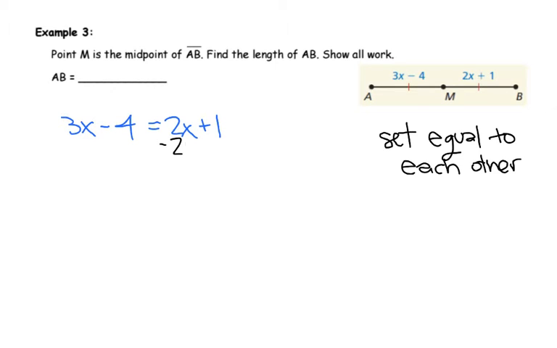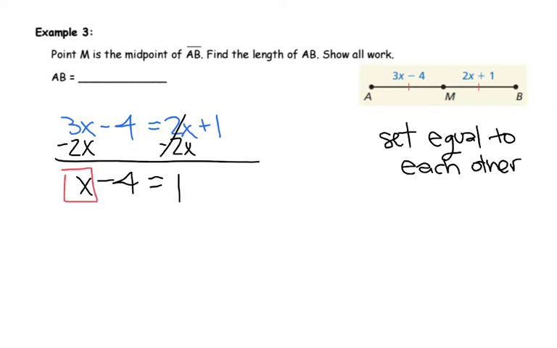So I'm going to subtract 2x from both sides because it's always easier to move the smaller term with the x. 3x minus 2x gives you 1x. Bring down the minus 4 equals, they canceled out, and I bring down the 1. Box around my variable, doing the opposite by adding 4 to both sides. Those cancel out, and we get that x equals 1 plus 4 is 5.